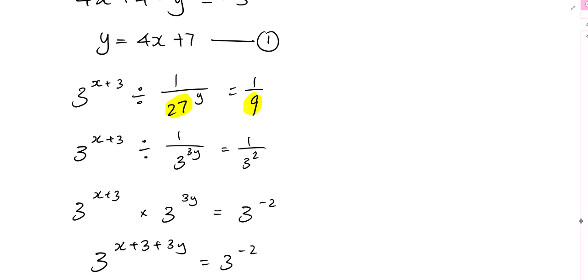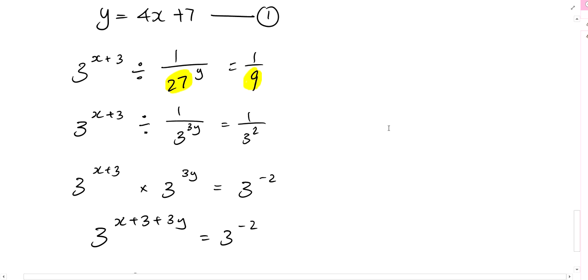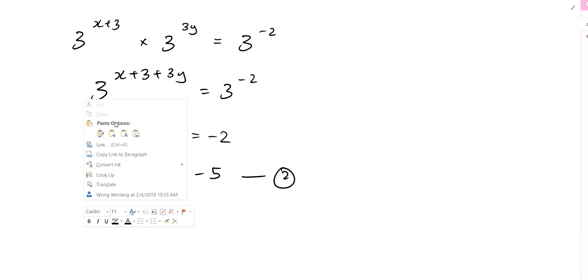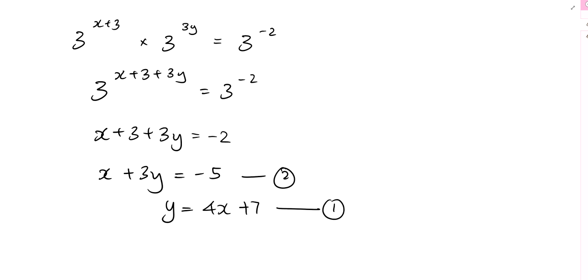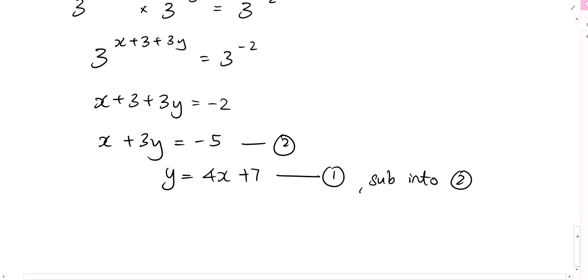Sub 1 into 2. So now it's just a simple simultaneous equation. X plus 3 times 4x plus 7 equals negative 5.